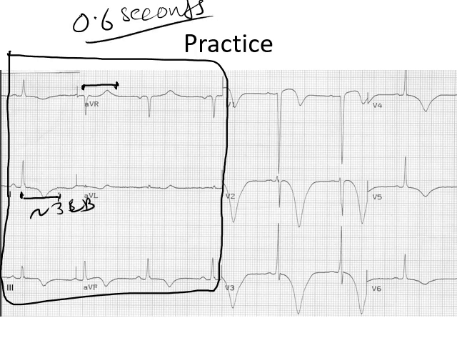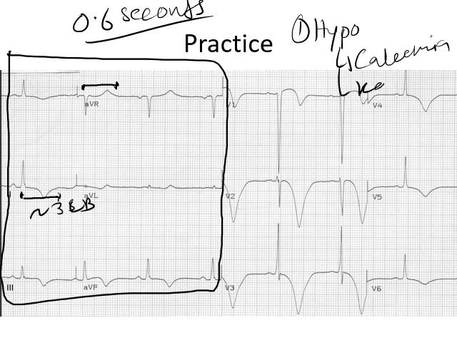What are some important causes of prolonged QT? Number 1 is electrolyte disturbances like hypocalcemia, hypokalemia, and hypomagnesemia.